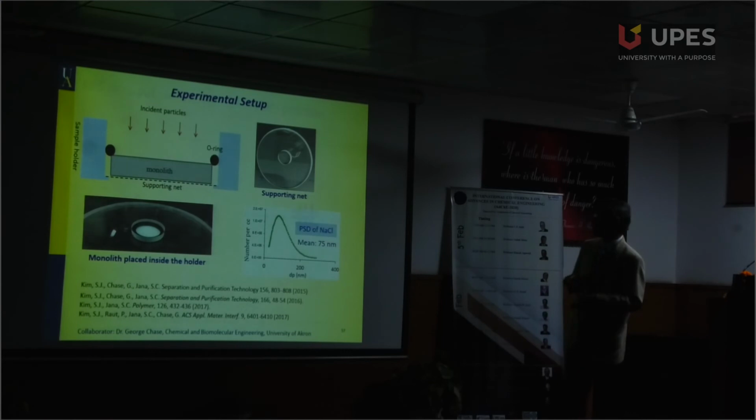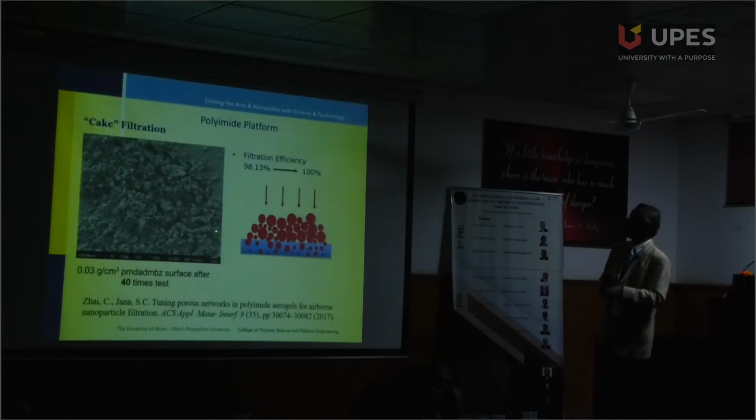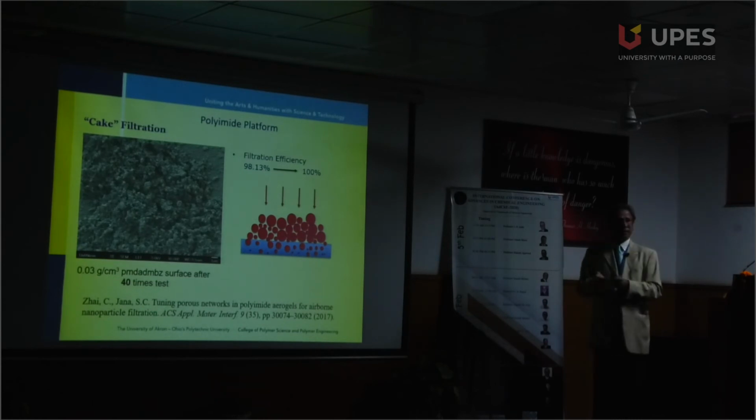In terms of efficiency of particle capture, or rather screening, our efficiency approaches close to 100%. These are all caked, filtered sodium chloride nanoparticles that are captured within the material. This is really the telltale example of how these materials can be used as filters.